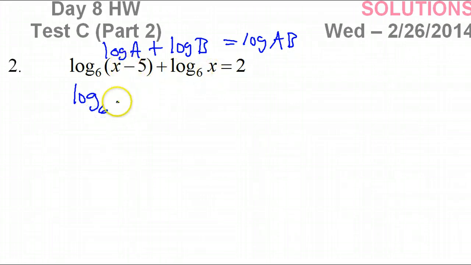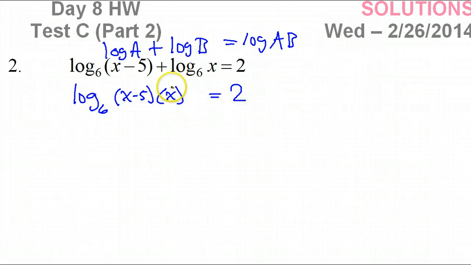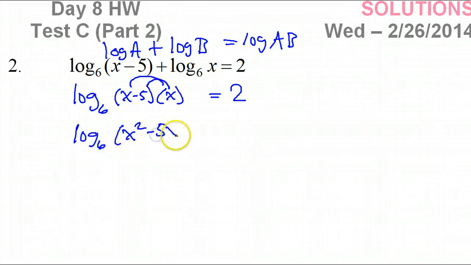This is my A and that's my B. So it's like having x minus 5 times x. And that's equal to 2. Yeah, we have to do the distributive property. So this is log base 6 of x squared minus 5x is equal to 2.